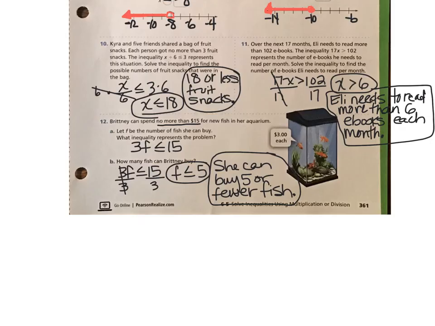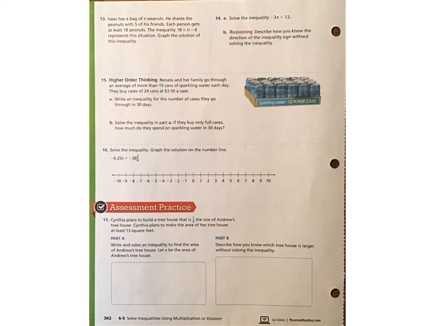All right, go ahead and check your answers to 10, 11, and 12. If you have any questions about how I set up the inequality in number 12, or how I solved any of those, please come see me before you move on. All right, now I want you to try questions 13 and 14. You can skip 15, and then go ahead and try 16 and 17.